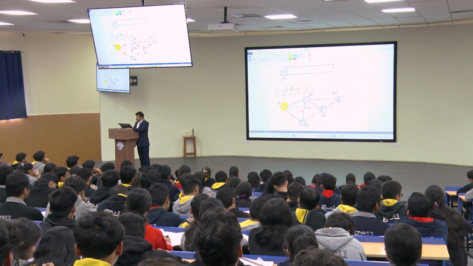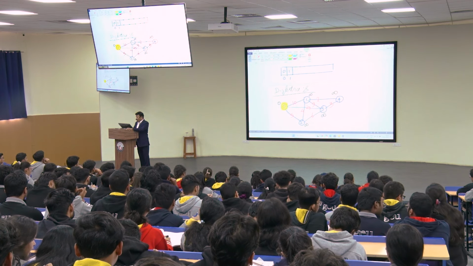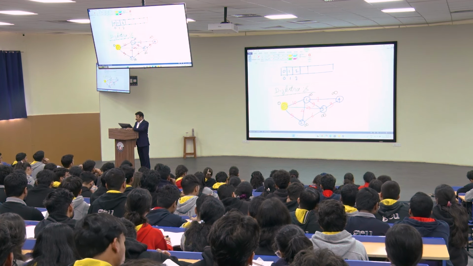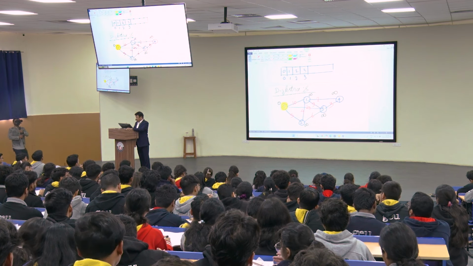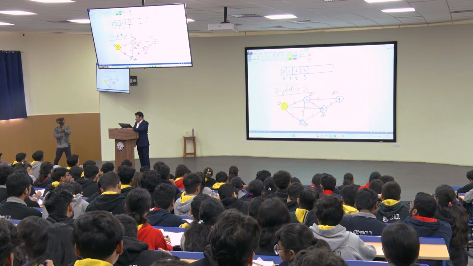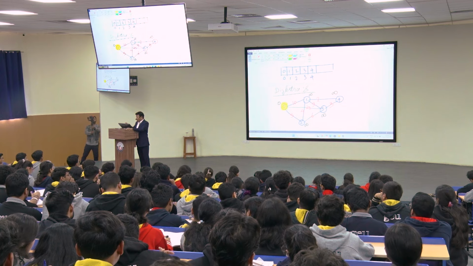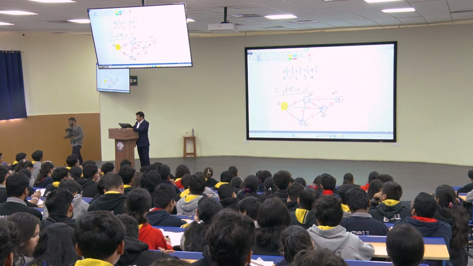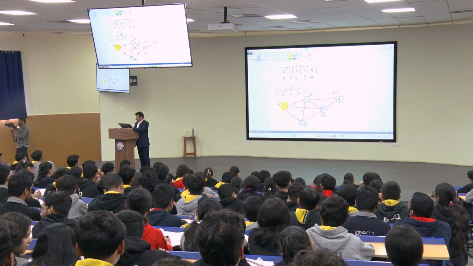Initially 0 is originating from 0, 1 is originating from 1, 2 is originating from 2, because we are assuming all are isolated. And 4 is originating from 4, because initially we are assuming that all are.